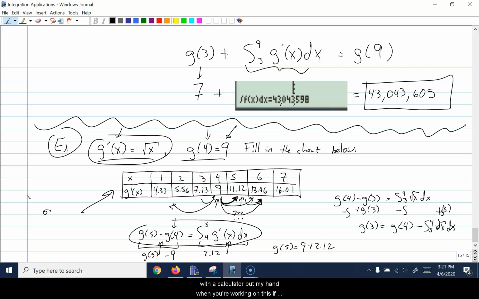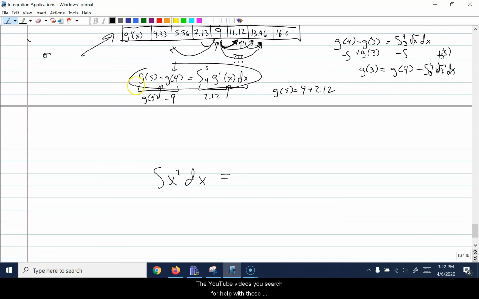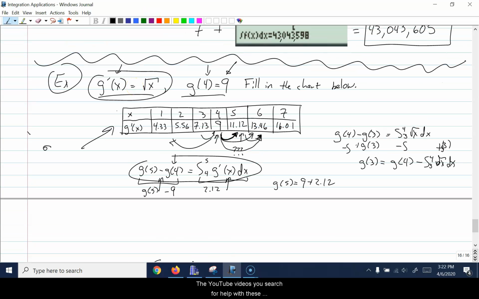When you're working on this, if you're searching YouTube for stuff about integration, it should give you a heads up that on exam 3, we're going to be integrating functions by hand without a calculator. Right now, you don't know how to do that. The YouTube videos you search for help with these problems might not know we haven't covered that.